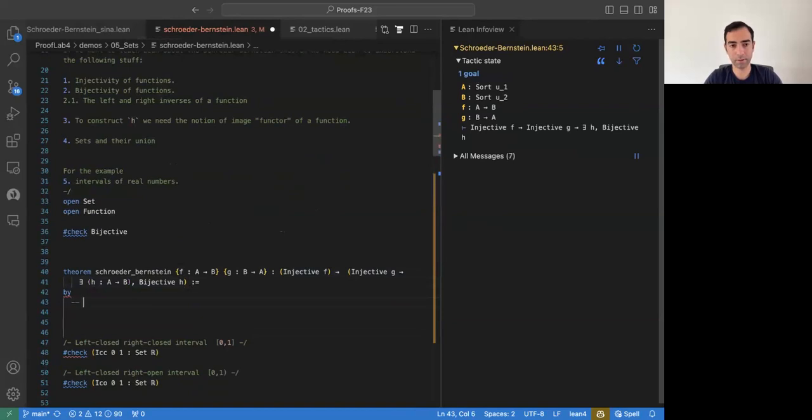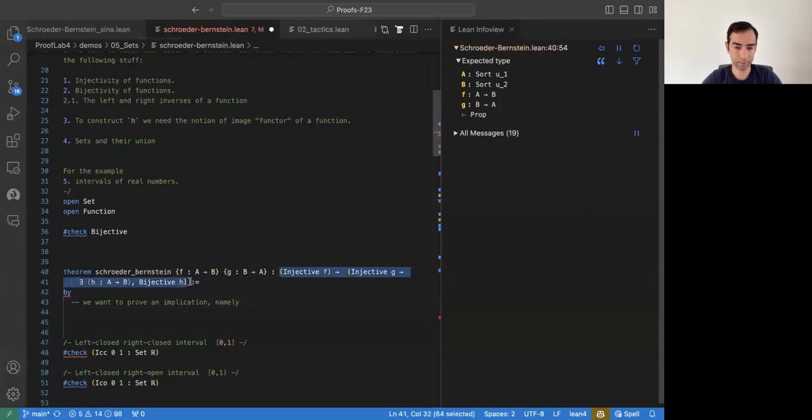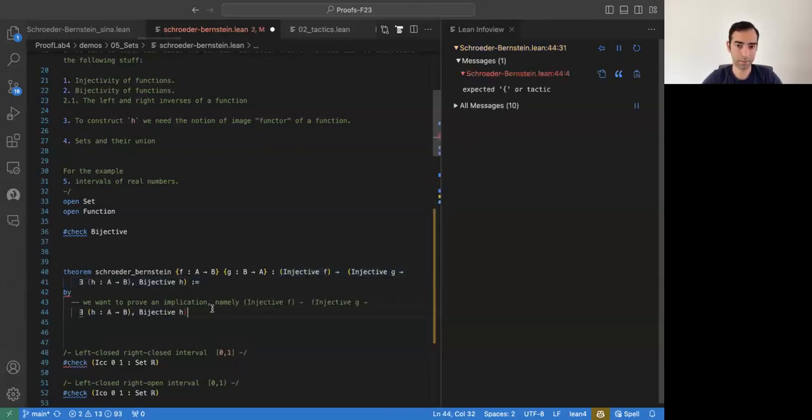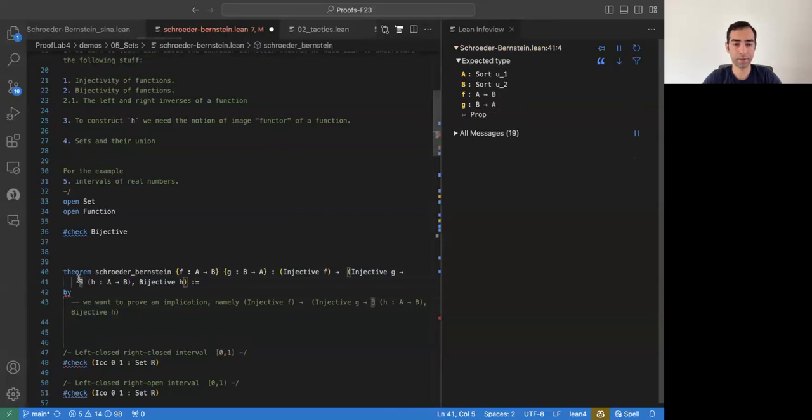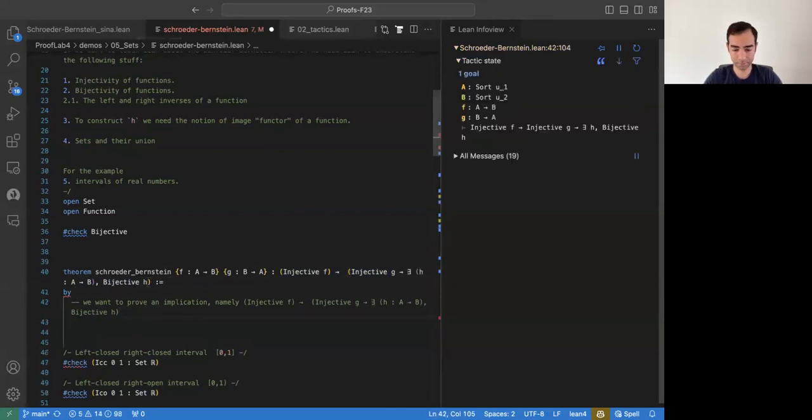And now, because we are trying to prove, namely this one. And therefore, since we are trying to prove an implication, what we need to do is to introduce a hypothesis, right?